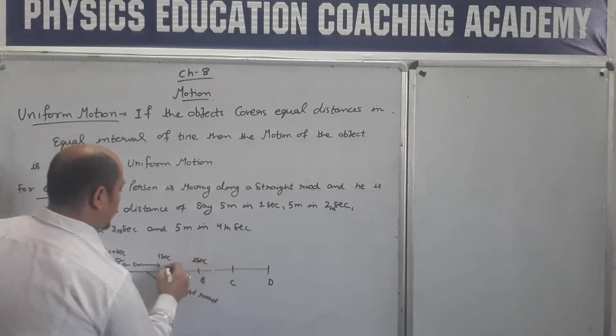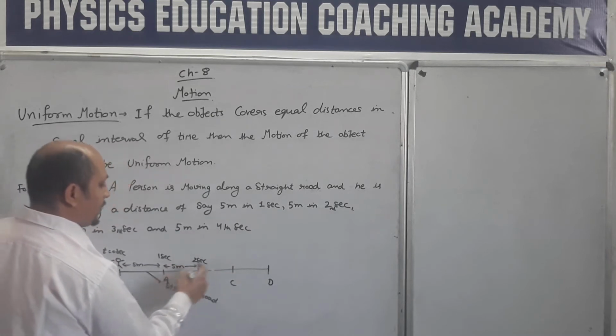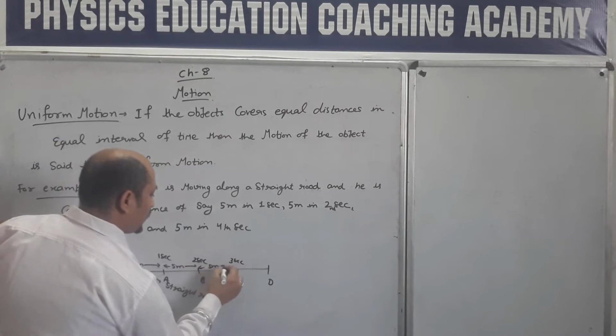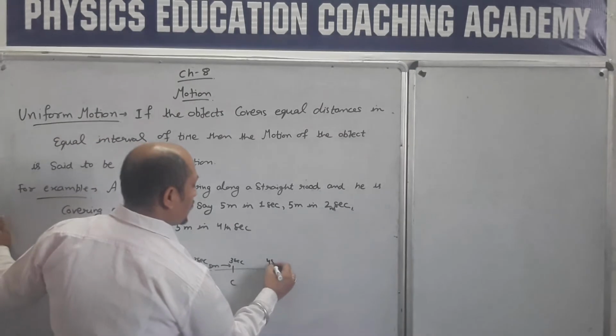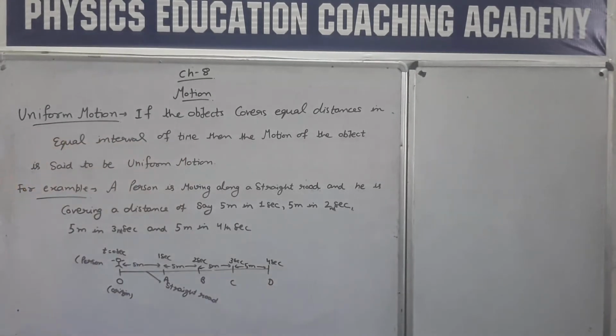In next 1 second, again he is covering a distance of say 5 meter. Again in 1 second, he is covering a distance of say 5 meter. Again in 1 second, he is covering a distance of say 5 meter.